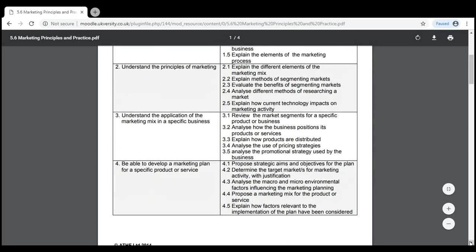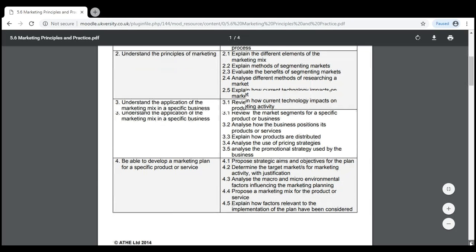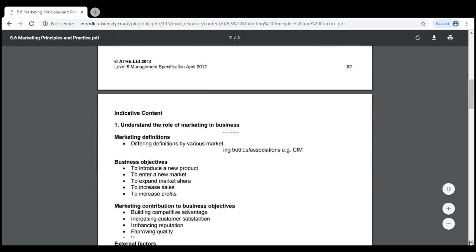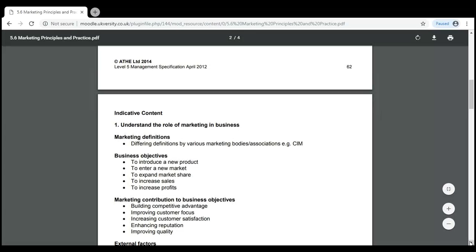In the fourth, our learning outcome will be able to develop a marketing plan. In the fourth lesson, I'll show you how you can develop a marketing plan, which is quite crucial whether you're doing business yourself or working for someone else. We are normally asked to prepare the marketing plan, so I'll send you the templates as well, which we can use to prepare it.